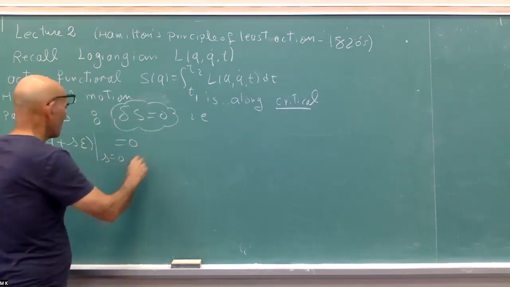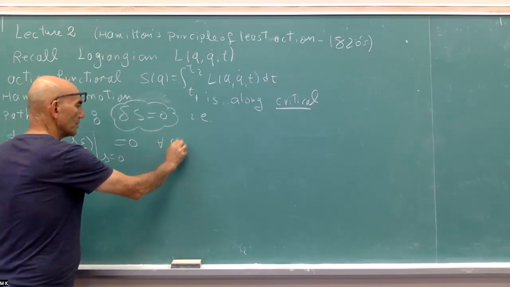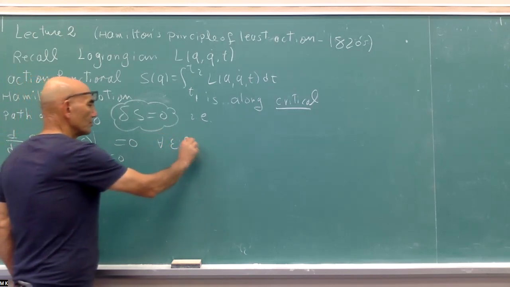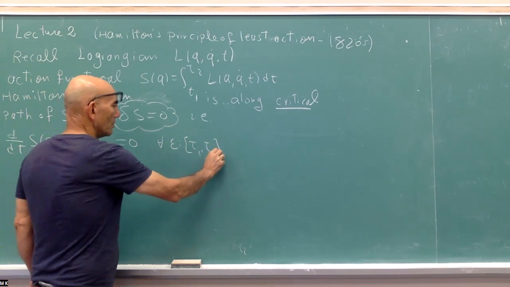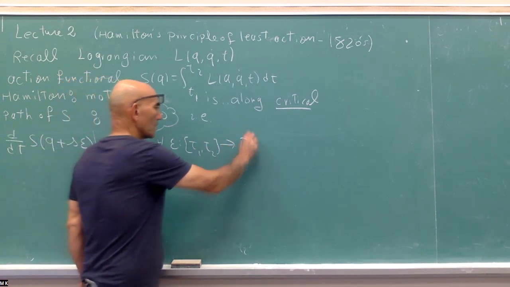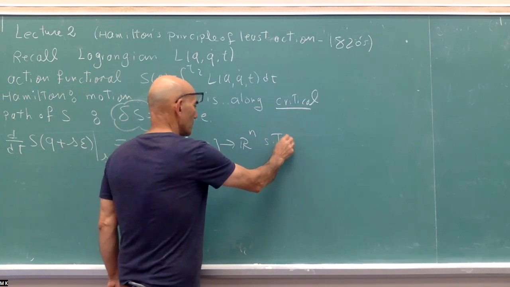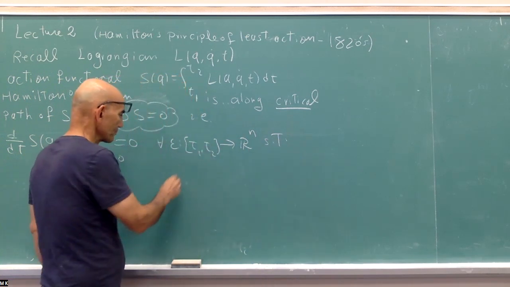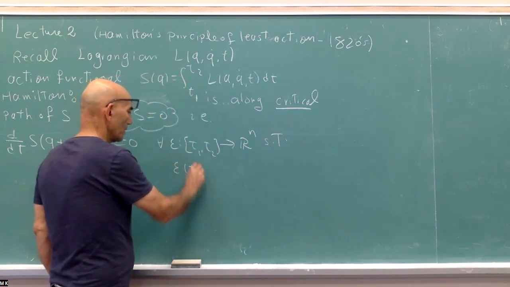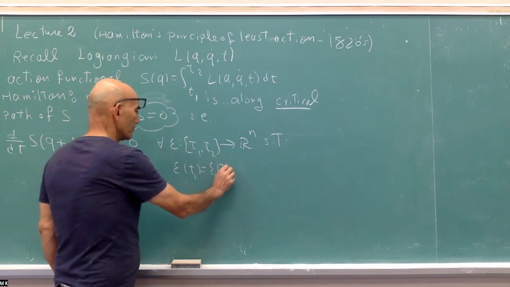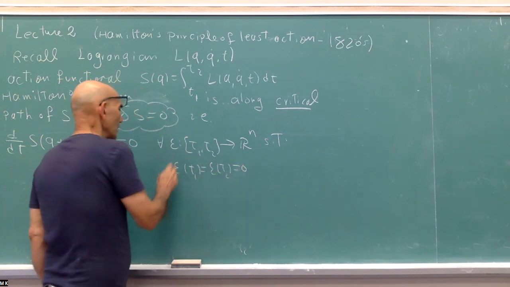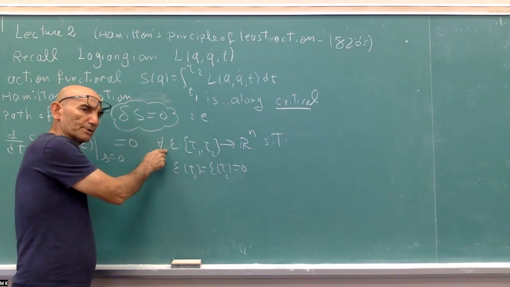This is for all epsilon from T1, T2 to configuration space R^n such that epsilon of T1 is equal to epsilon of T2.